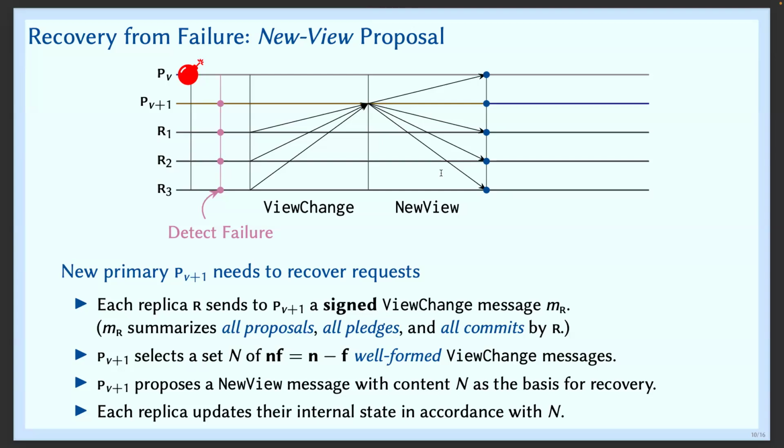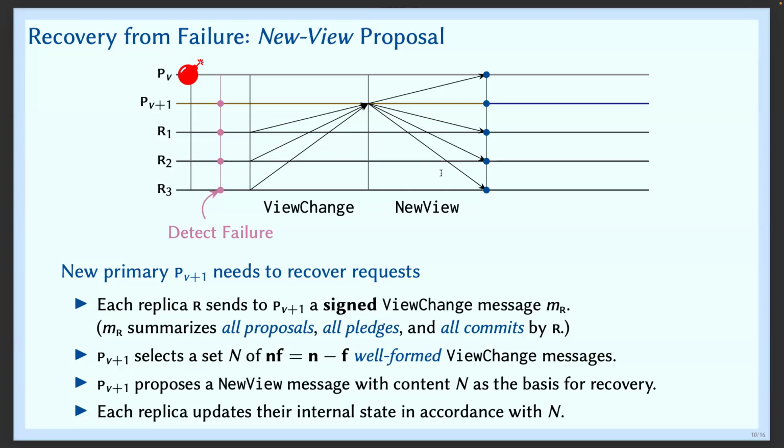But if something was committed, then we guarantee that there is at least one person with proof in this circle. So that's the only assertion or proposition. If something was committed, then we guarantee, as shown in this example, that at least one person who prepared will be included in that quorum.